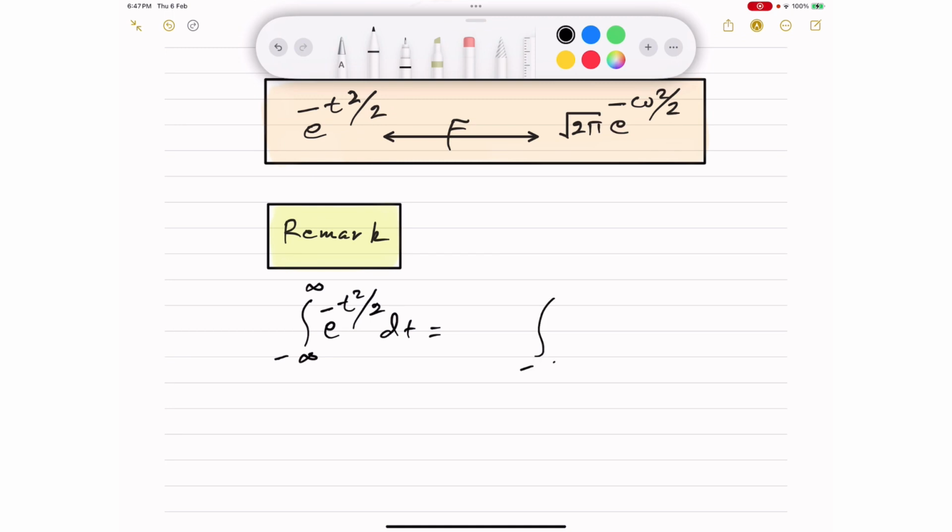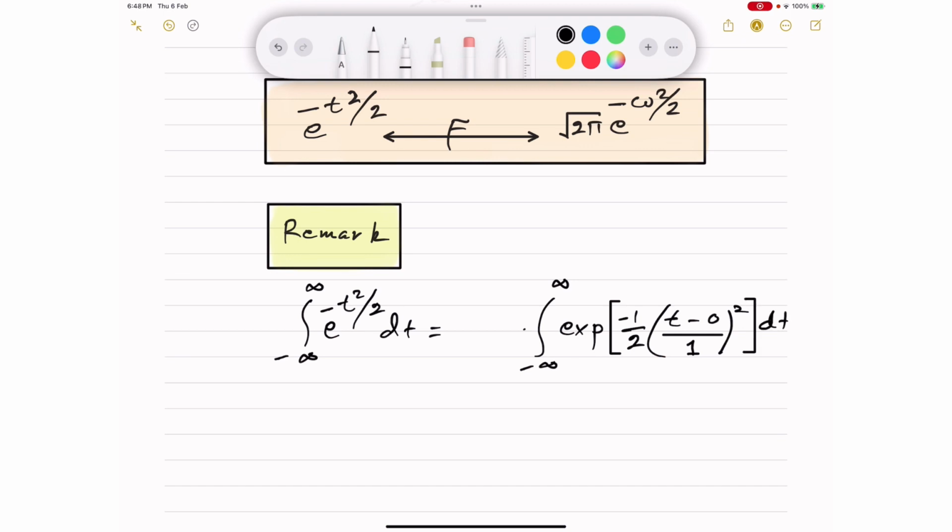So it's the integral from negative infinity to infinity. The exponential, we can write it like this: I'll take the minus half outside, and the t squared, I will write as t minus 0 divided by 1, all squared, and dt.